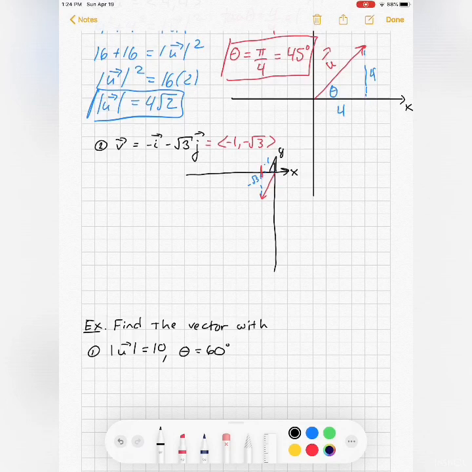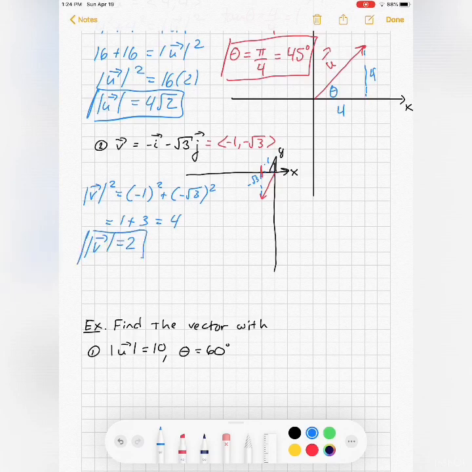Okay, so for finding the magnitude, it's just the Pythagorean theorem. So the magnitude would be 2. What about the angle? So tangent would be negative root 3 over negative 1, so root 3.